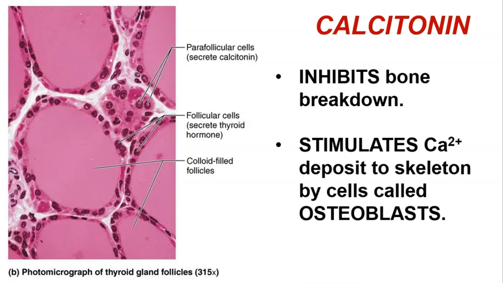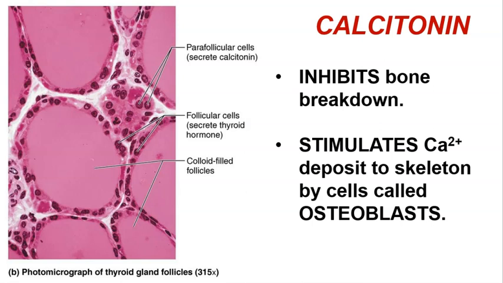The hormone calcitonin slows the breakdown of bone tissue and also helps to remove some of the excess calcium from the bloodstream. It slows the breakdown of bone tissue because that will prevent blood calcium from rising even more, because recall that this hormone is secreted when blood calcium is also elevated, so we don't want the blood calcium to become even more elevated if the skeleton minerals are being broken down and the calcium from those minerals is being put into the bloodstream.